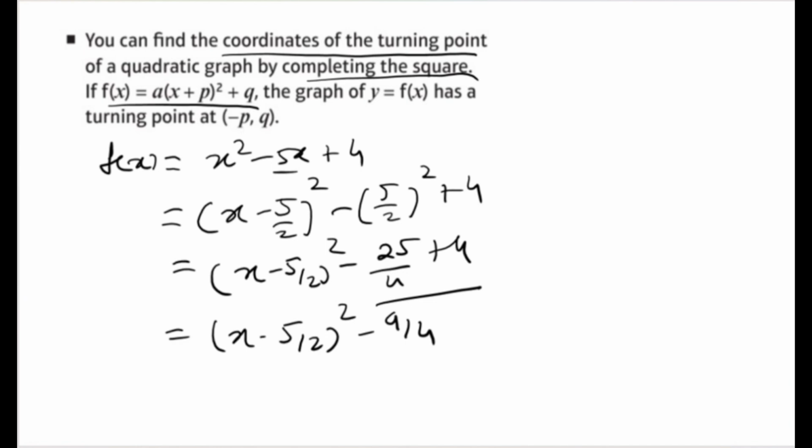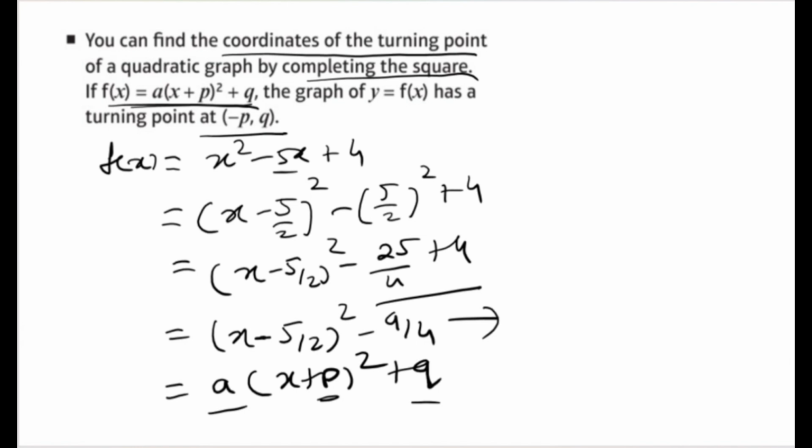Now to compare with this form, I can write it down as a(x plus p) squared plus q. Here a is 1, so we don't have to worry. But for the turning point coordinate we need minus p and q. This p should be with the opposite sign, and q we take as it is.